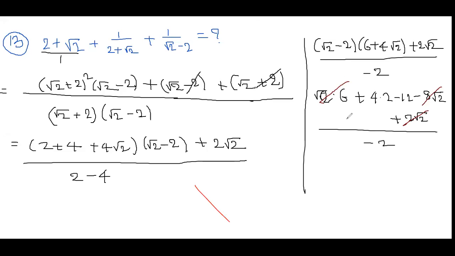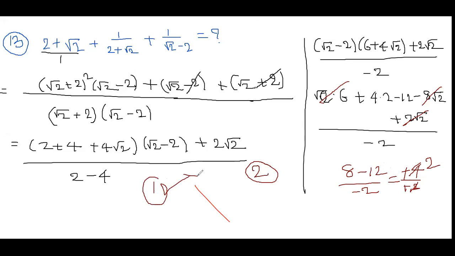Then the next is 4 into 2, that is 8, minus 12, by minus 2. That is equal to minus 4 by minus 2. Minus minus cancel, 2 ones are 2, 2 twos are 4. So your answer is 2. That is option number 1. Option number 1 is correct.